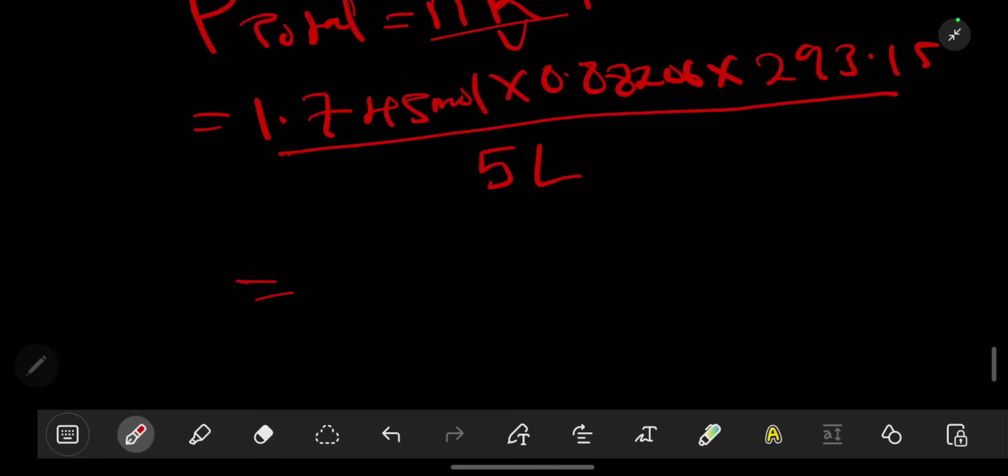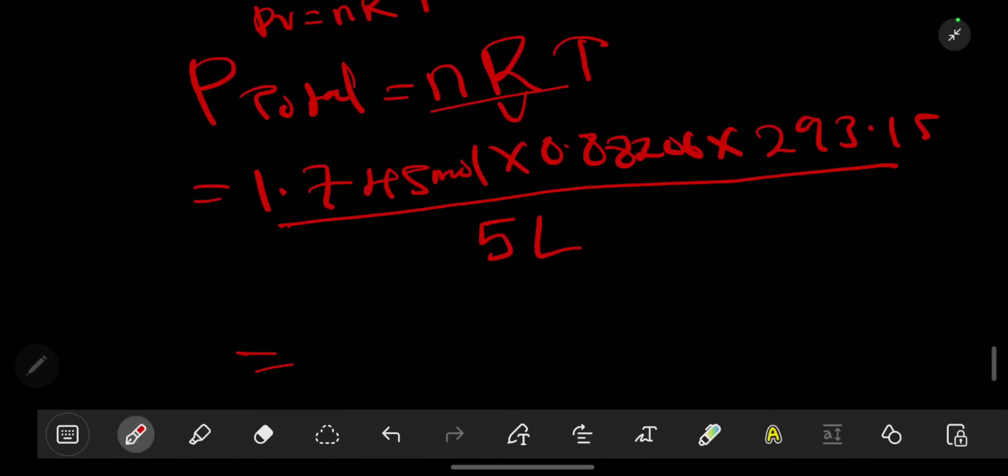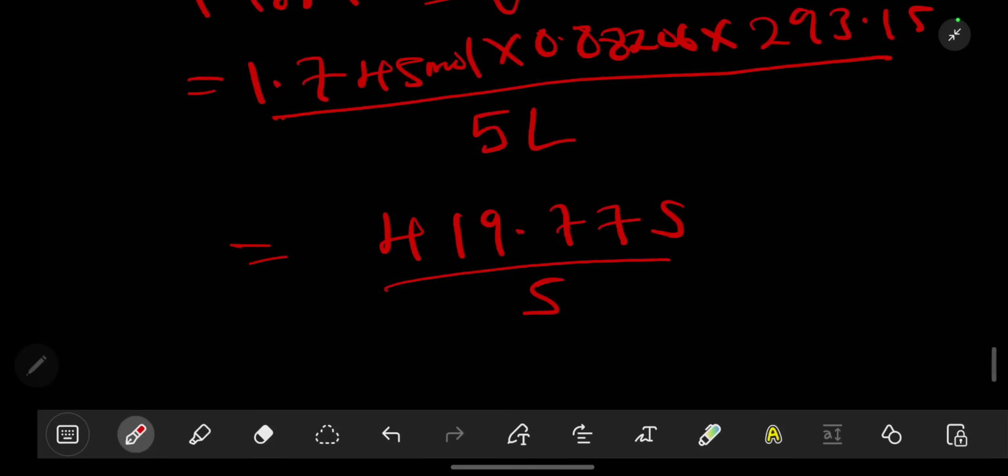Then we are going to get 1.745 times 0.8206 times 293.15, and we are going to have 419.775. We divide this over our 5.